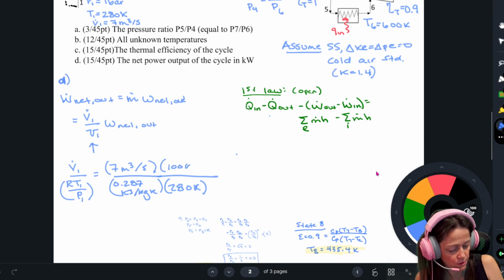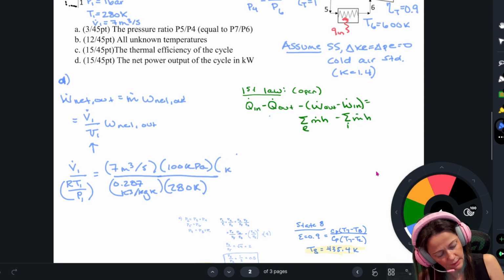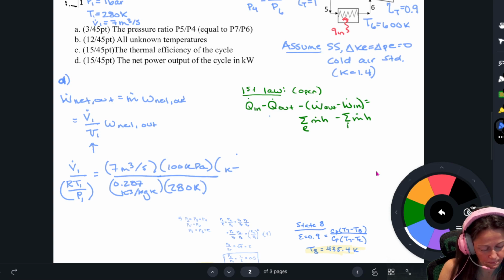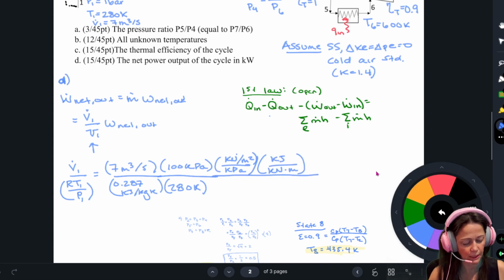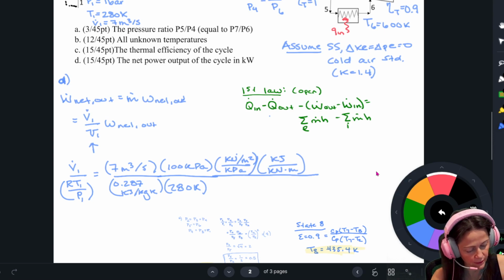If you put it in terms of kilopascals, your units are going to work out because 1 kilopascal is a kilonewton per meter squared, and a kilonewton meter is a kilojoule, and that should make your units work out correctly.